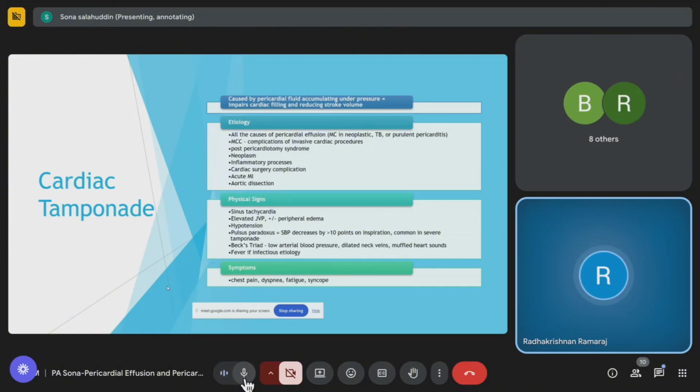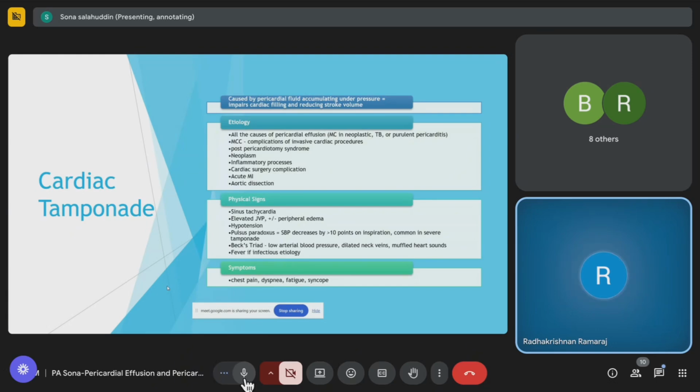The diagnosis from echo is very simple. You will see discordance of the ventricular volumes. The LV increases in volume during expiration, and in inspiration the right ventricle increases in volume. They bounce back and forth, called the swinging heart. You see right ventricular collapse during early diastole, right atrial inversion, plethora of the IVC, and backflow of the hepatic vein.